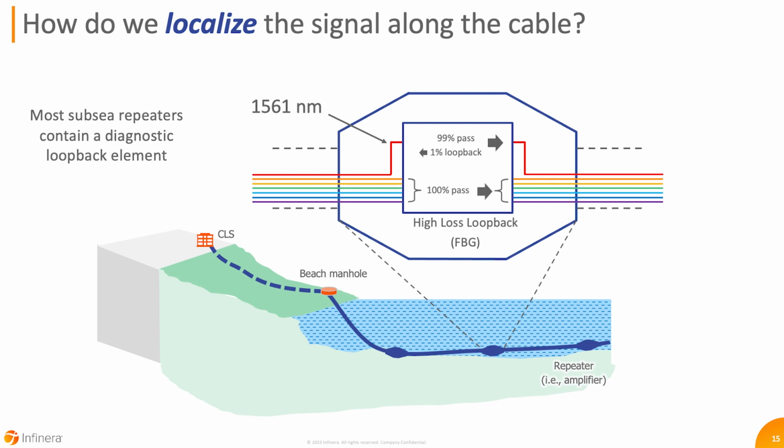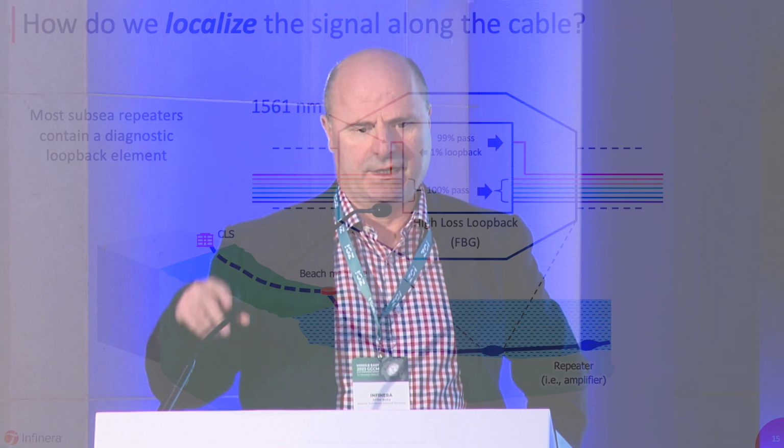There is one particular wavelength, designed for telemetry purposes: a 1561 nanometer wavelength is looped back. 99% passes onwards, and 1% is looped back to reflect a particular pulse back so that we can monitor it.